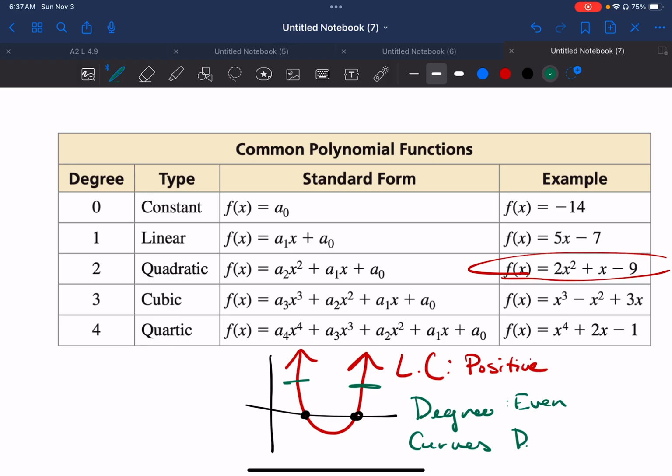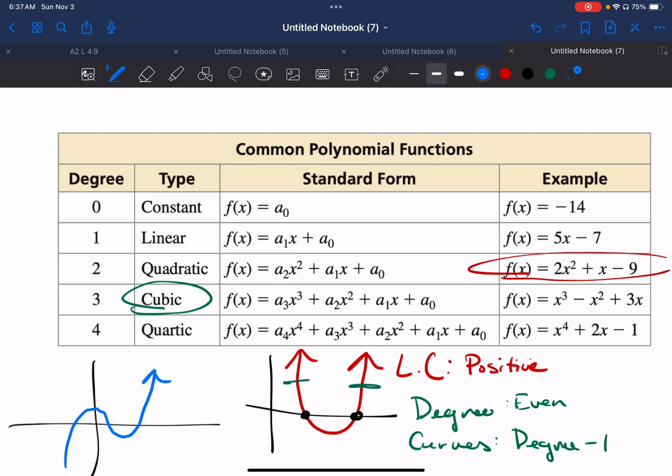So you'll have the degree minus 1 number of curves in your function. So if I have a quadratic function, I'm going to have 1 curve in that graph. But if I have a cubic function, I'm going to have 2 curves. So if I draw this graph, you go 1, 2. Do you see that? 1, 2.